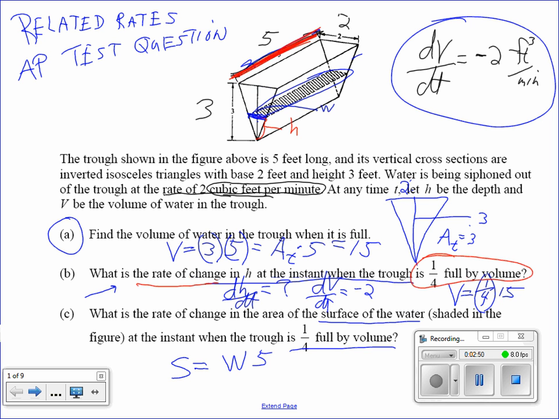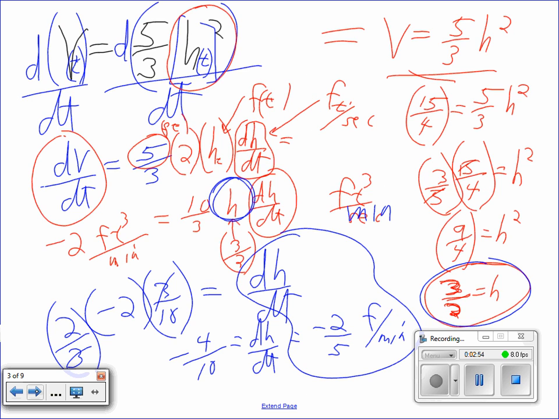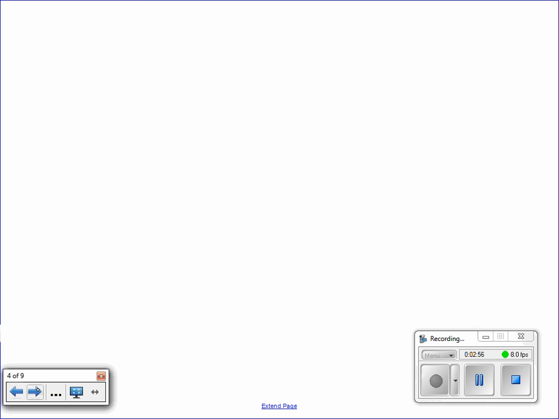Okay, let's go to a new page and get that. So I found out what that surface area of the water is, which I could draw here. It's going to be width times 5. The surface area is going to be 5 times W. Now what's changing?